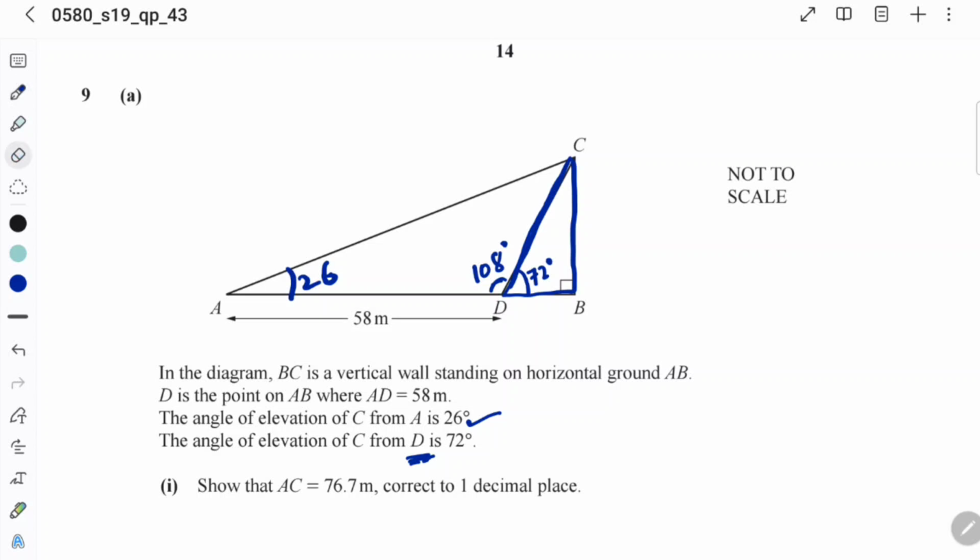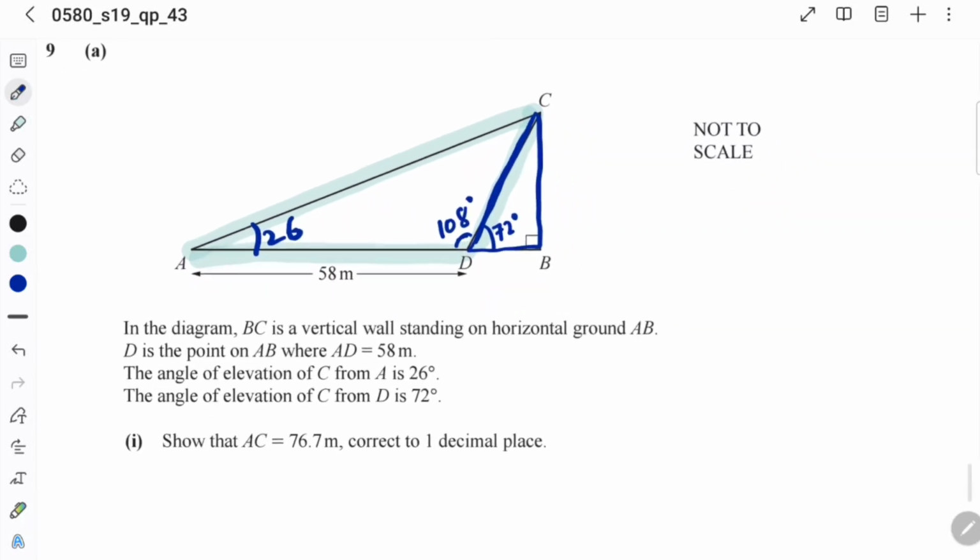Now we have already labeled the diagram. Show that AC is equal to 76.7. So AC means this line they are asking us to find. If we look at this non-right angle triangle, which has two angles and one side given, whenever two angles and one side are given, we can apply the sine rule. Then it is easy to calculate the rest of the angle.